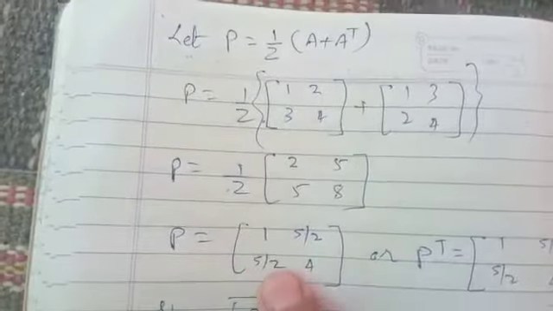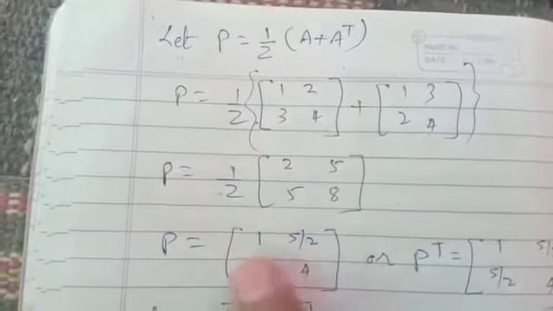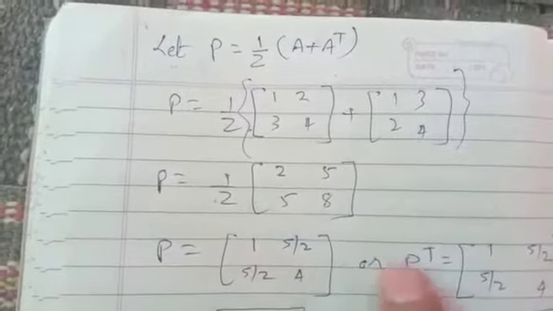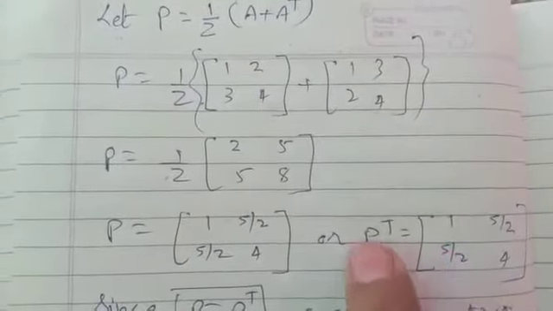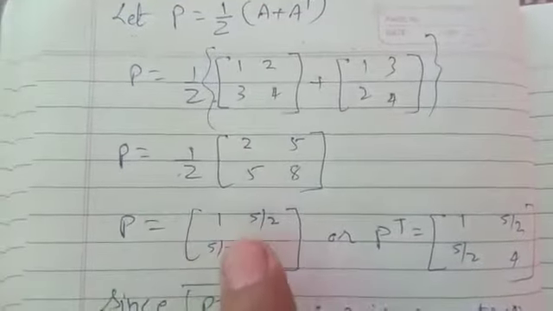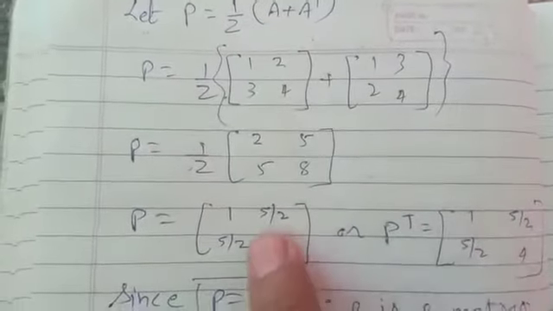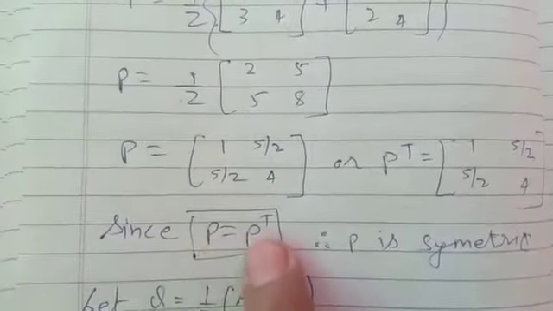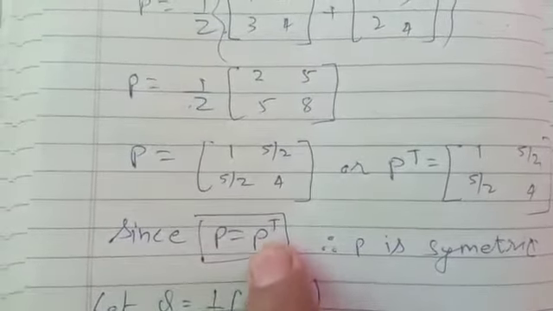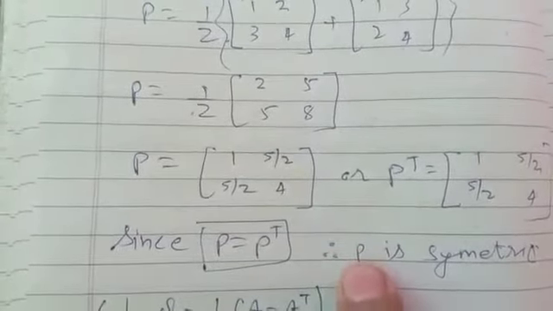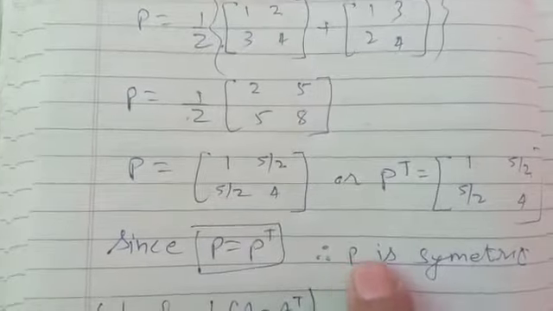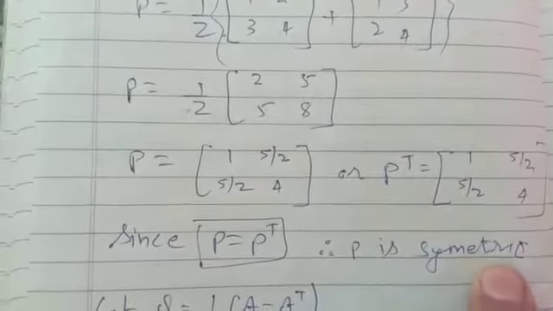We will get this. Now do the transpose of P, and the transpose of P is this much. We find that transpose of P and P are same matrix. So we can write matrix P is equal to its transpose. So when such condition arises, then we can say that matrix P is a symmetric matrix.